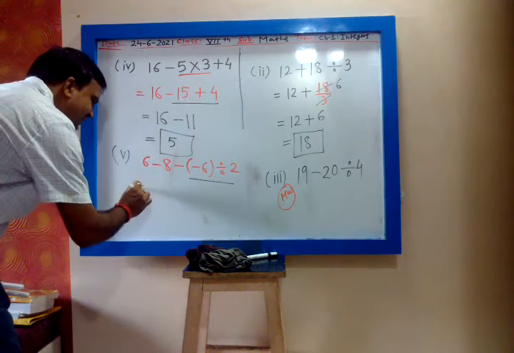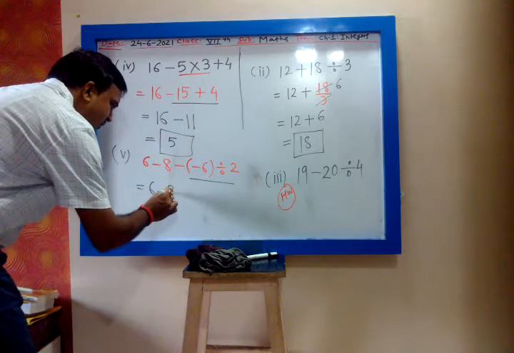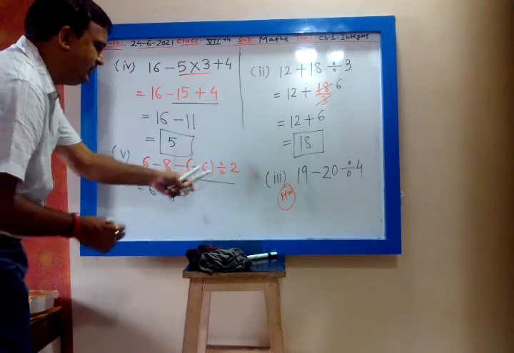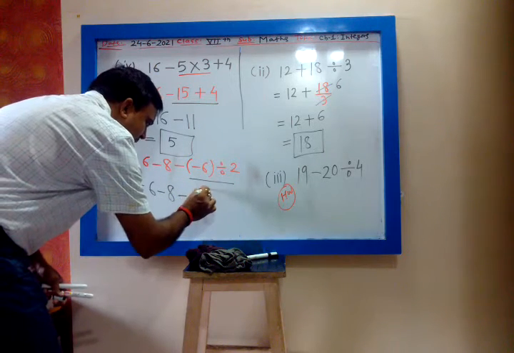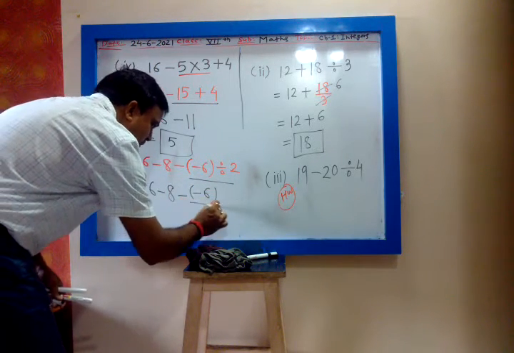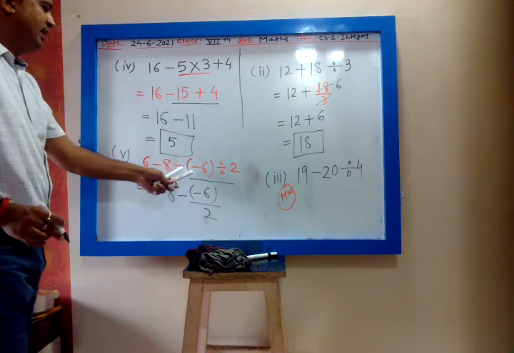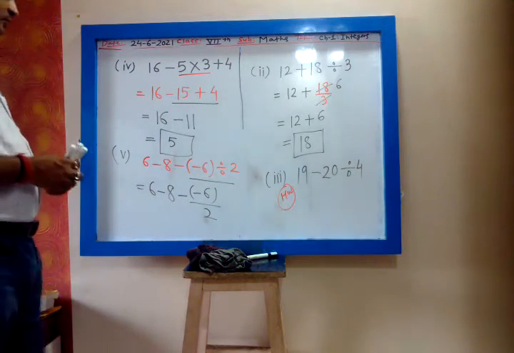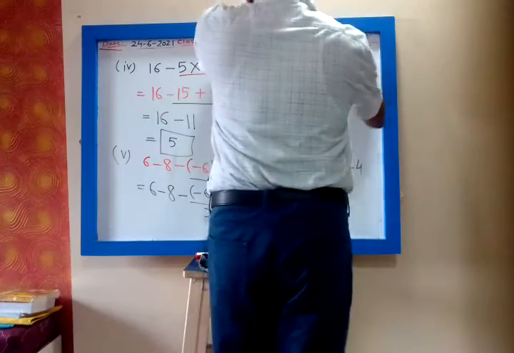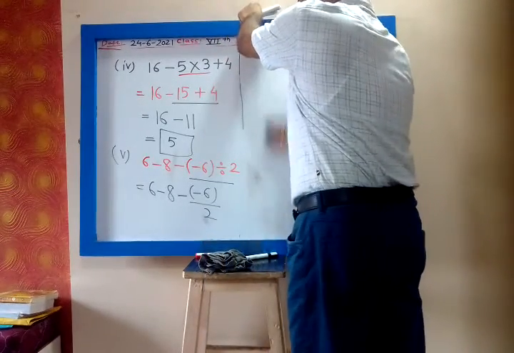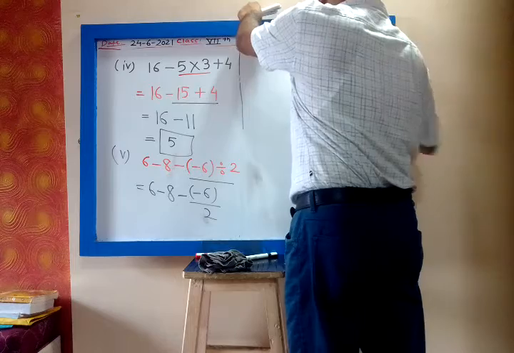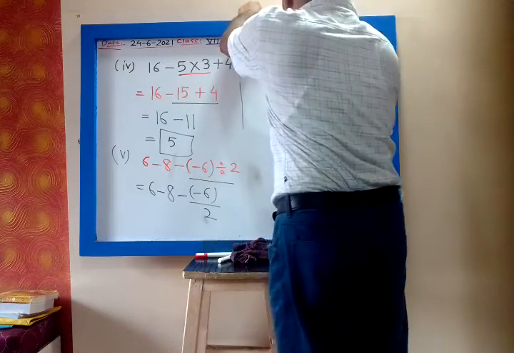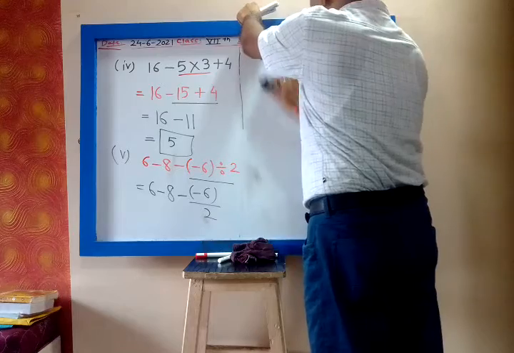So this I can write 6 minus 8 minus, A divided by B I can write A upon B, so 6 upon 2. Now minus sign and minus sign are there in the numerator.